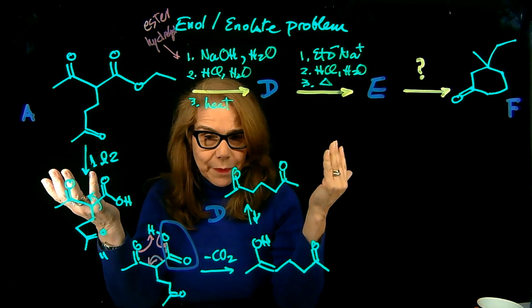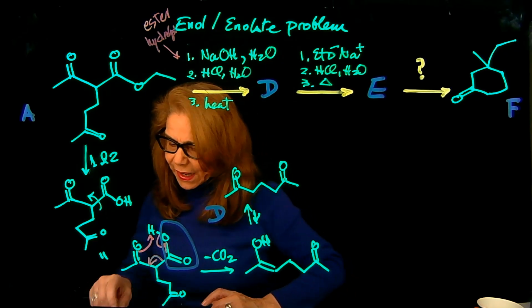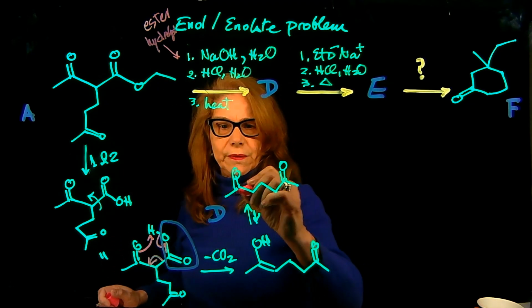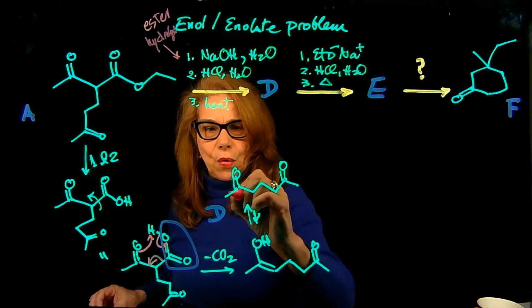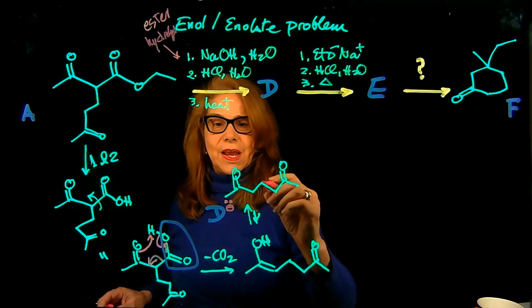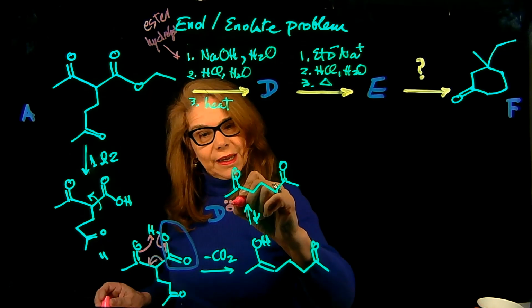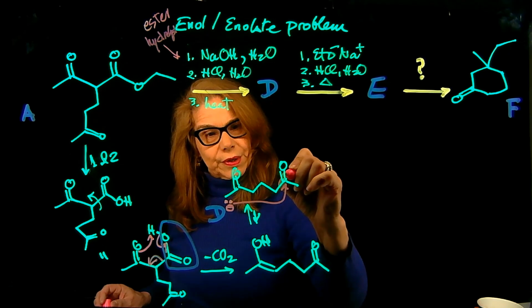And this happens when you can make a 5 or 6 member ring. So if I remove one of the acidic hydrogens here with ethoxide, I will create an enolate, and that will attack over here.